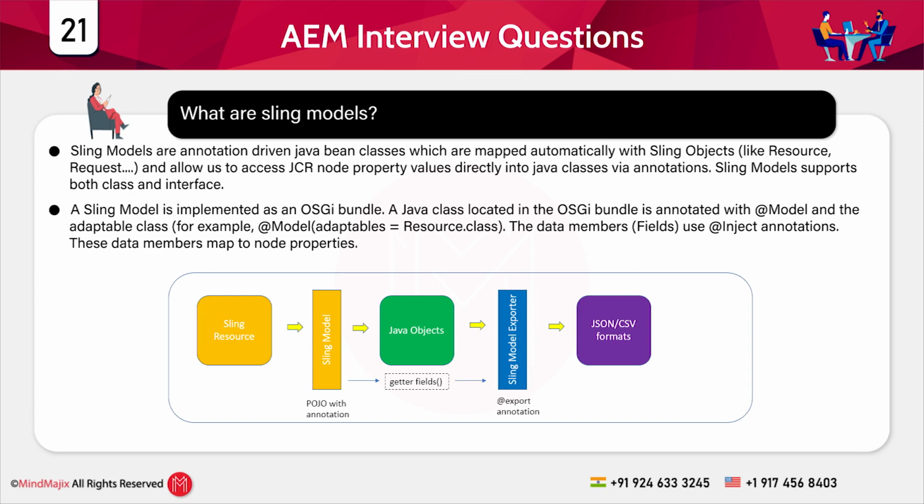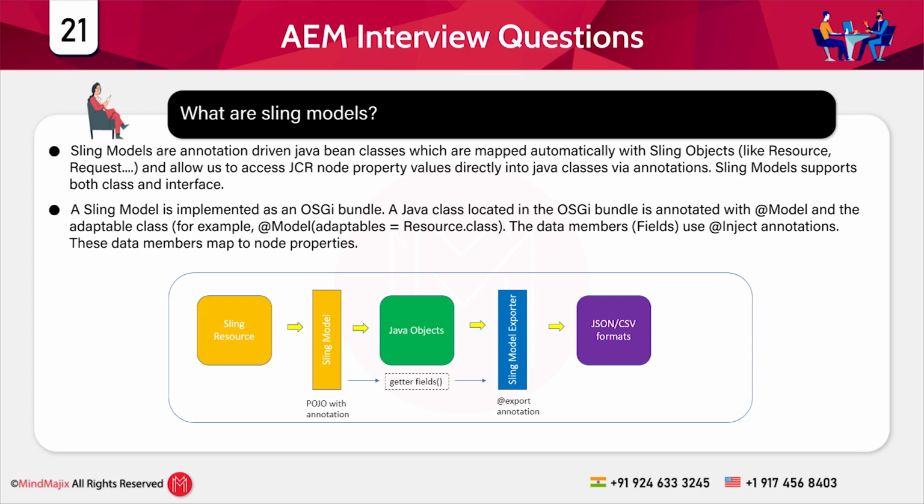A Java class is annotated with @Model and the adaptable class, for example adaptables equal to Resource.class. The data members use @Inject annotations. We will see what annotations are available in Sling Models. Whenever you create a Sling Model, you definitely use the @Model annotation, and inside it you declare your adaptables.